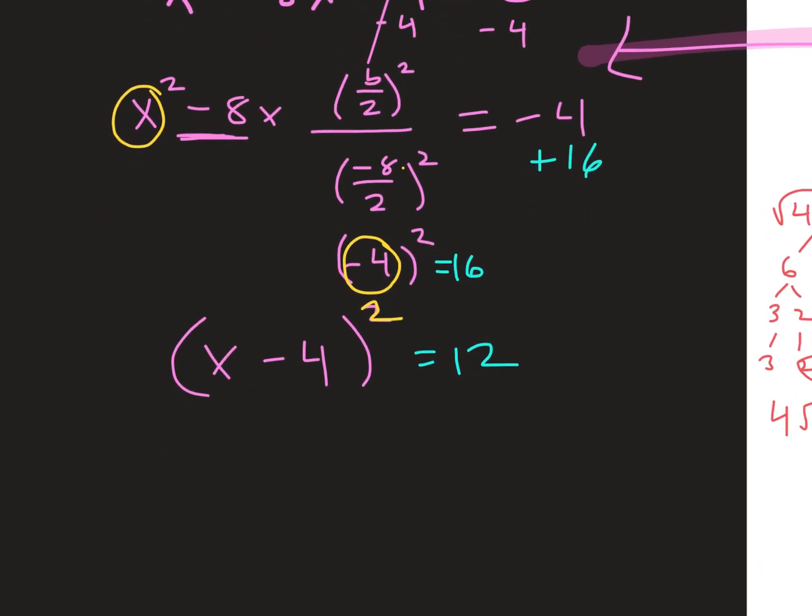And then I can just solve for x from here. So how can I get rid of that squared in my equation? If I'm solving for x, I want to undo everything. Square root it. So I have x minus 4 is equal to, what happens when you take the square root of both sides?